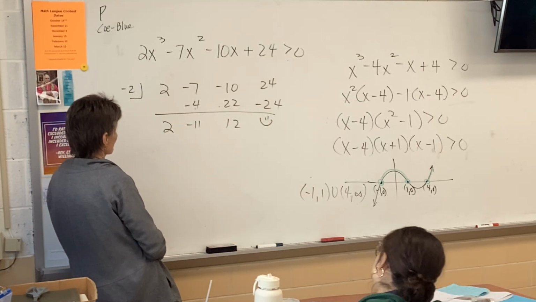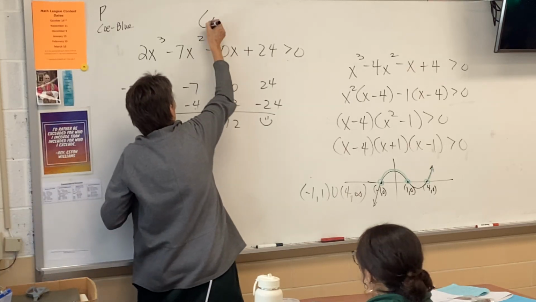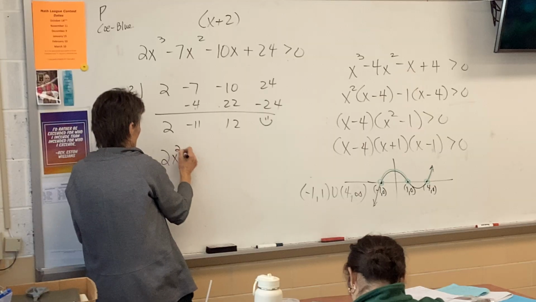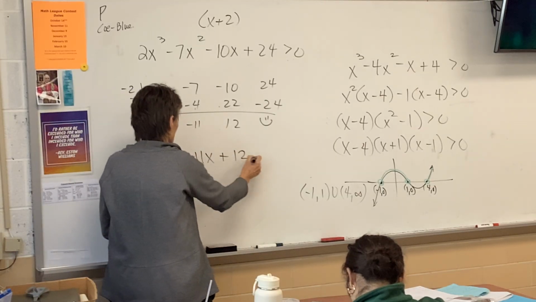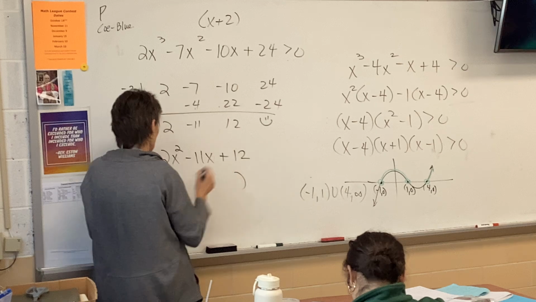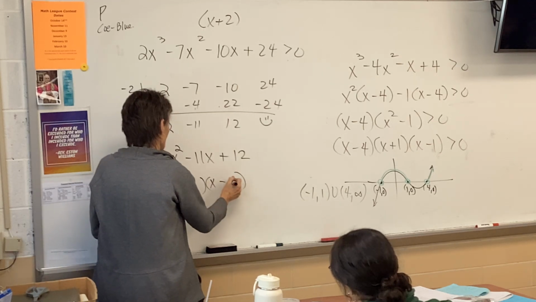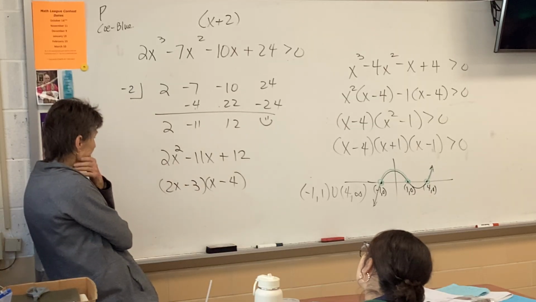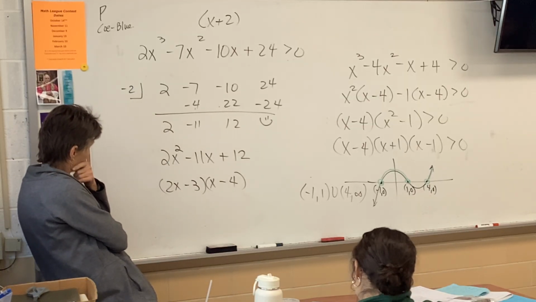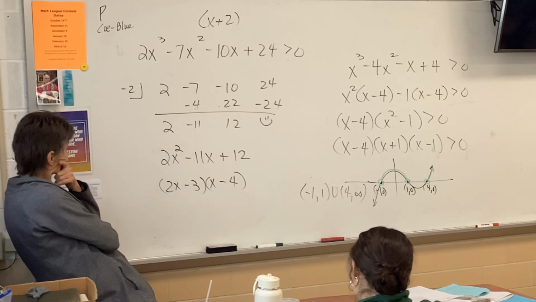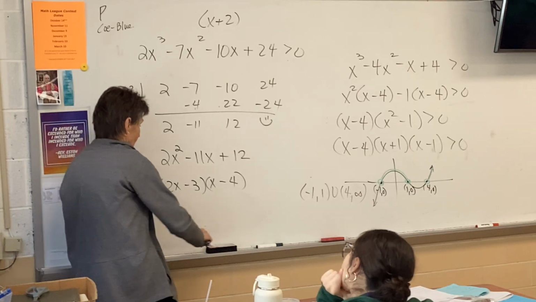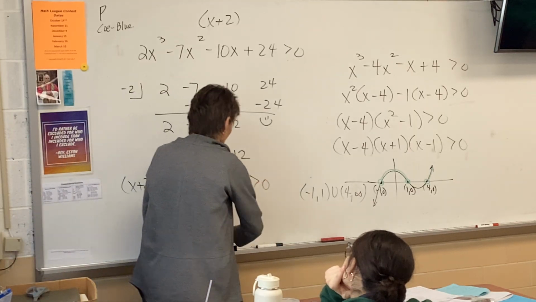Yeah. So one of my factors is x plus 2. And then I'm going to factor this, and you gave me a hint. You said one of them was 4. So that must be it. Right there, let's see, is that right? And I want to be bigger than 0.